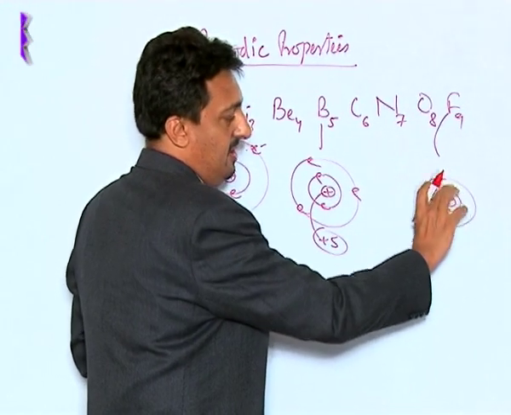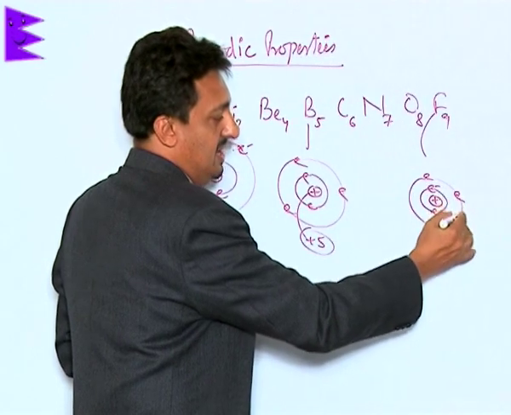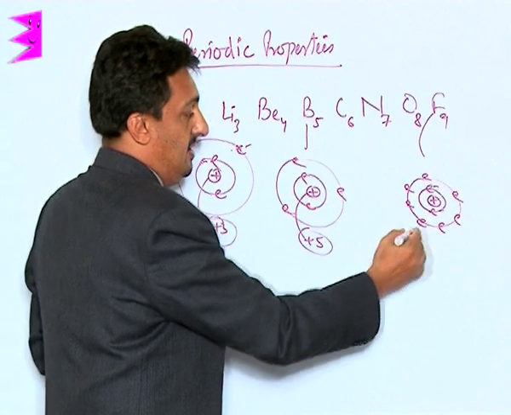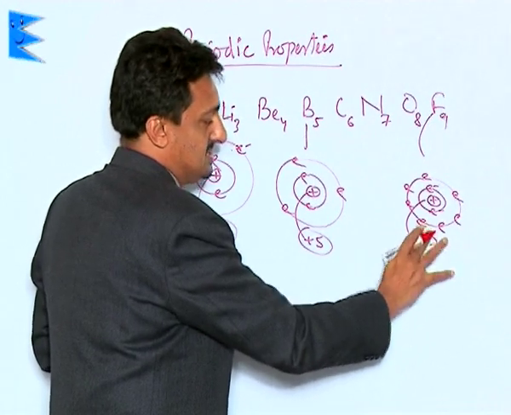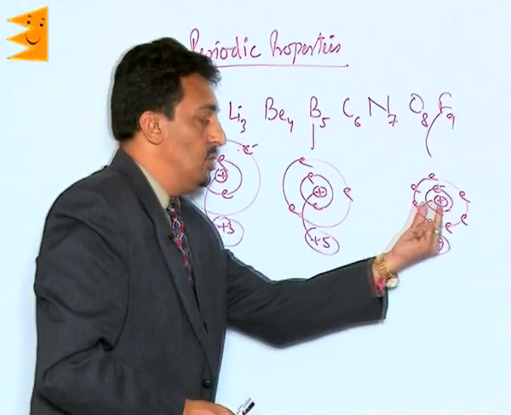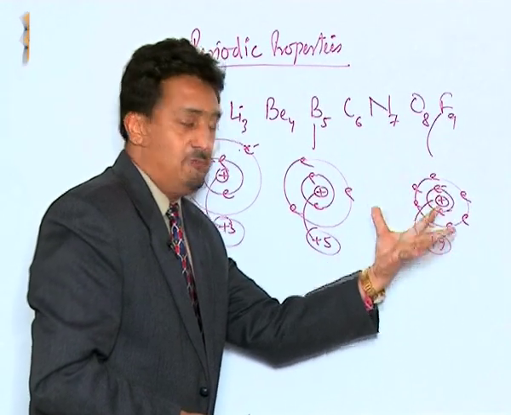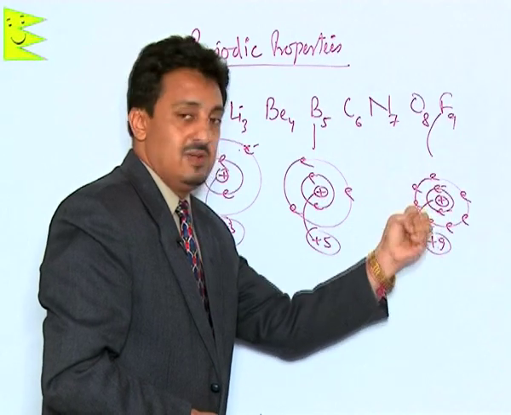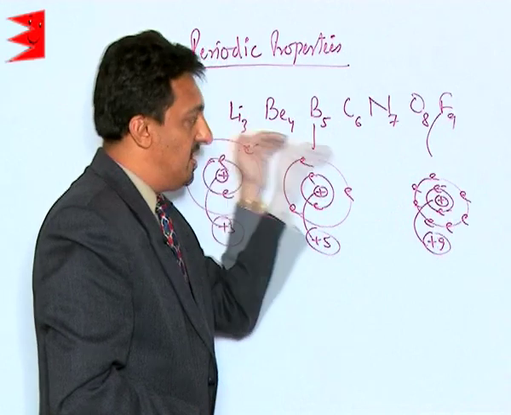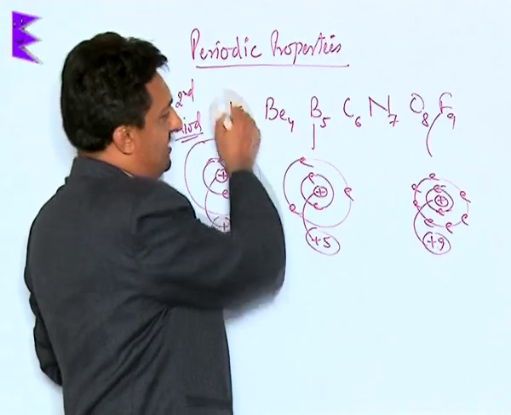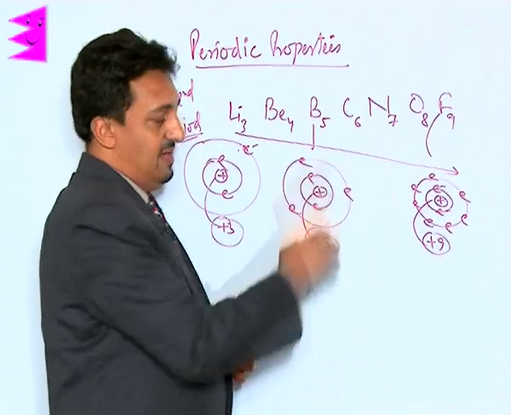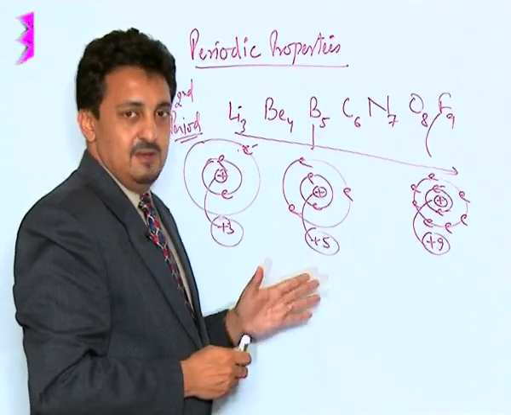So it already has 7 outside in the second orbit, and the nuclear pull is +9. Now you can easily make out this nucleus with +9 positive pull will pull these electrons inward with a much greater force. As a result, the size shrinks, and the size gradually decreases as we move from left to right in the periodic table in the period.